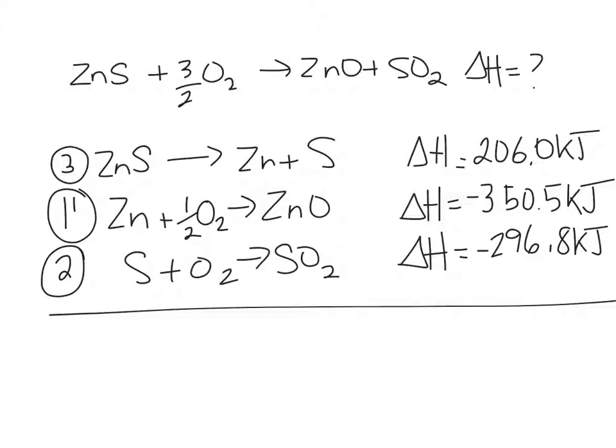So zinc can cancel because it's on the left side in equation 1 prime, and it's on the right side in equation 3. Sulfur can cancel because it's on the right in equation 3 and on the left in equation 2.